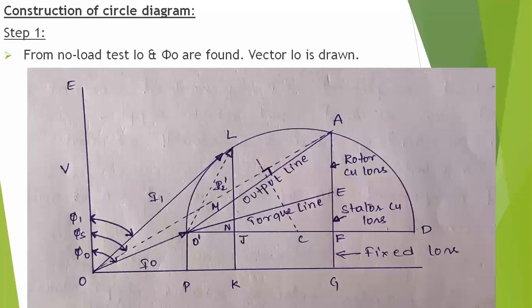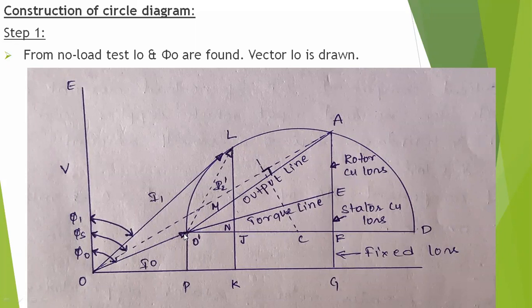Okay, so the diameter O dash D is drawn perpendicular to the voltage vector. This O dash D, from here to here, is drawn 90 degrees perpendicular to the voltage vector.